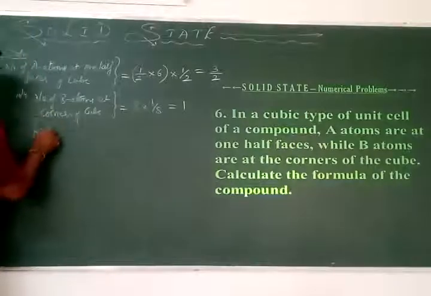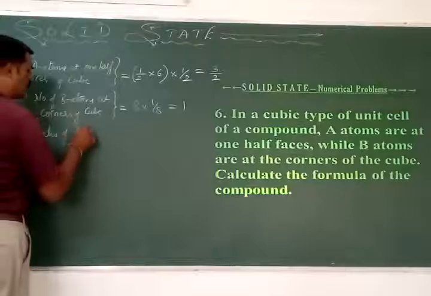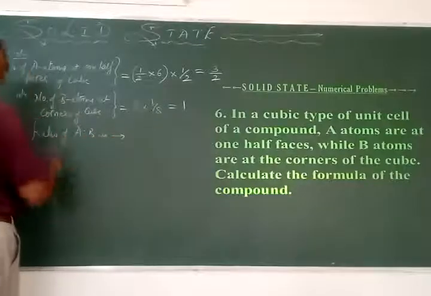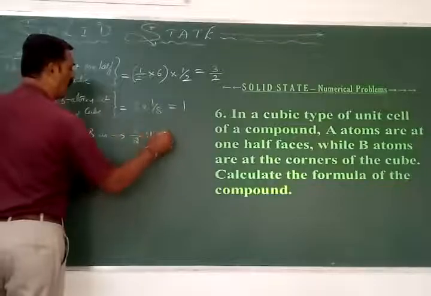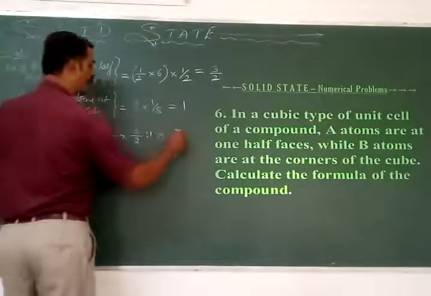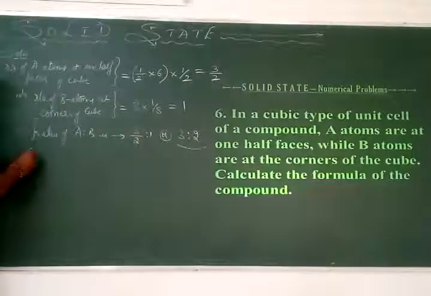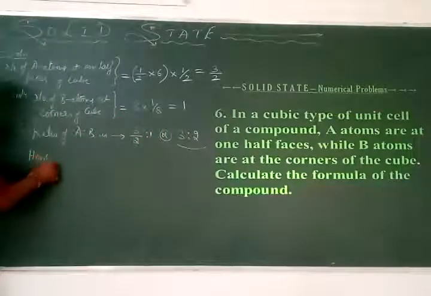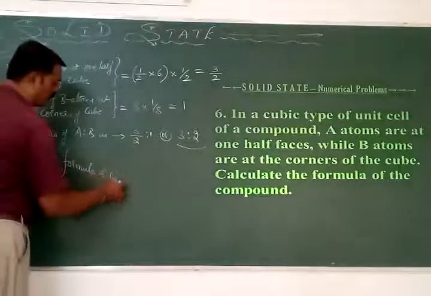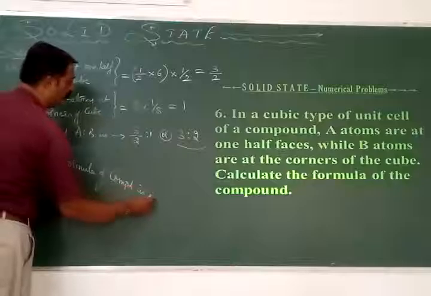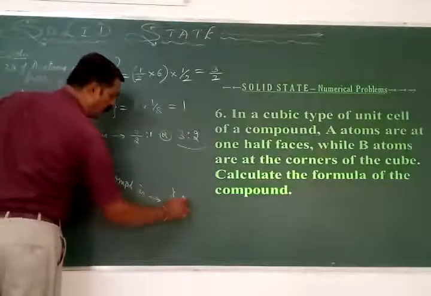Therefore, the ratio of A is to B. It is 3 by 2 is to 1. If I multiply by 2 here, it becomes 3 is to 2. Hence, the formula of the compound is A3B2.